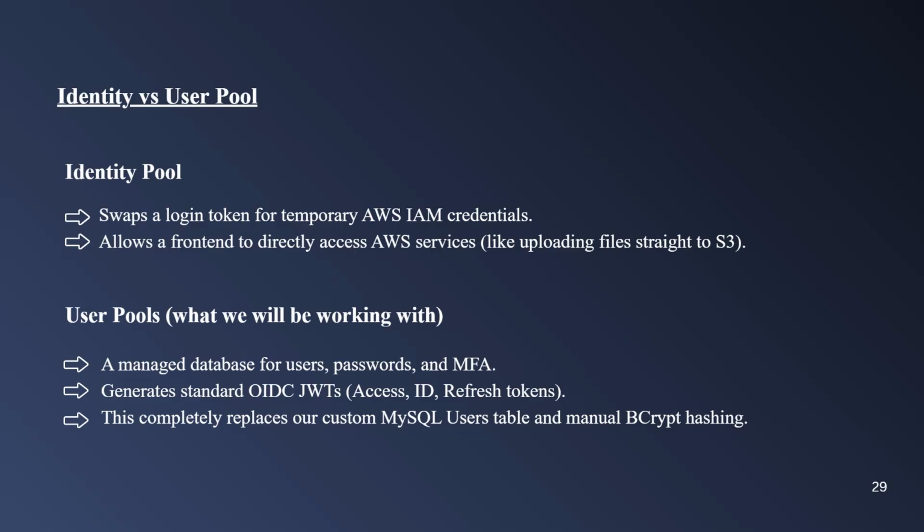How many of you have maybe lightly worked with AWS even? Yeah, so maybe you are familiar with S3. S3 is a storage utility service. All right. So you could actually have your front end upload a file directly to S3 without having to go through a backend, basically. So that is what identity pool does, and we won't really be working with it, but it's one of those services which are a part of AWS Cognito.